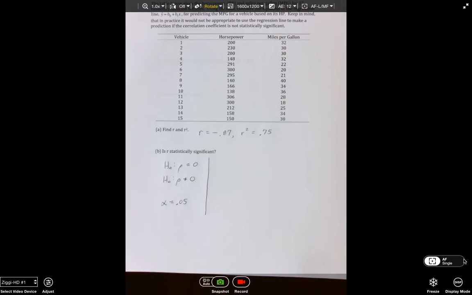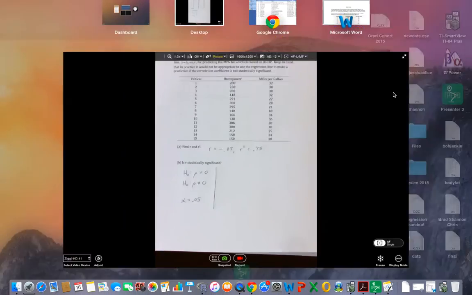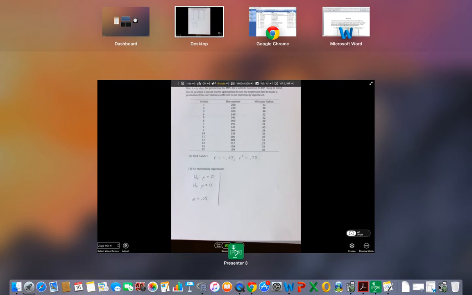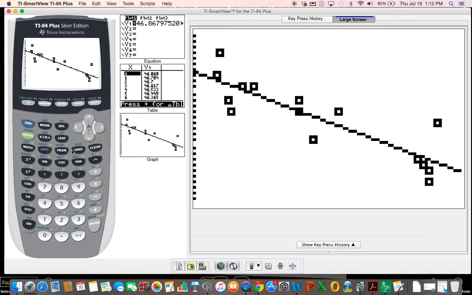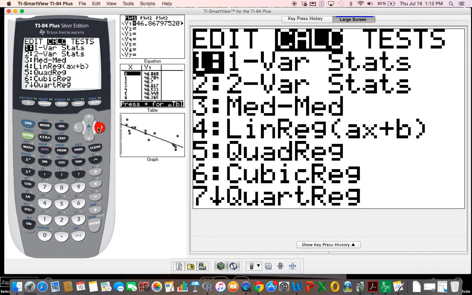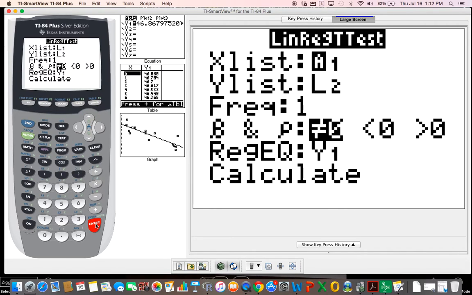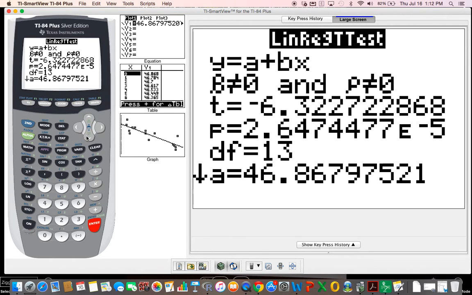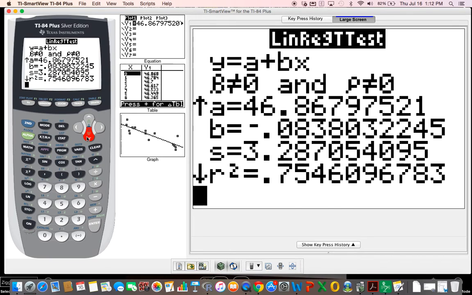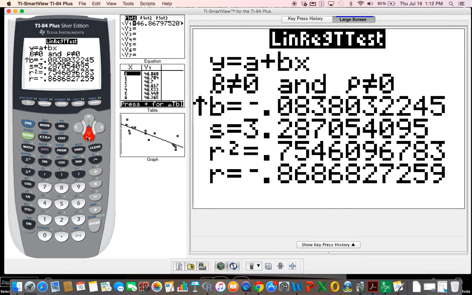Really, it probably would have been better to go out a little further on the R. Let me bring up the calculator here and go out a little further on that R. So R is negative 0.8687.